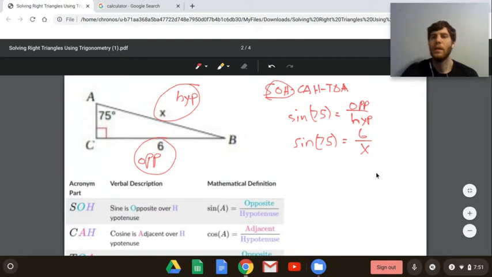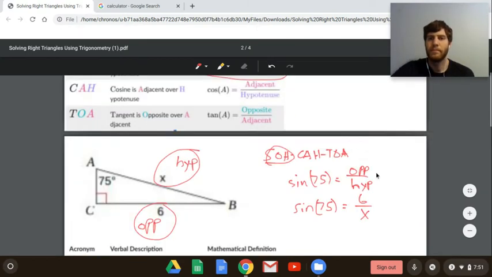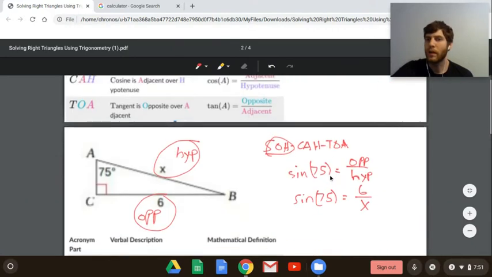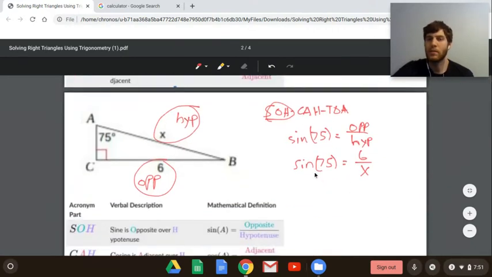This one's a little different because in the first one, the x was in the numerator. Over here, our x is in the denominator, but it's fine. It's still the same process. We're still trying to solve for x. So the first thing we need to do is get x out of the denominator, so we multiply both sides by x. This way the x's cancel.